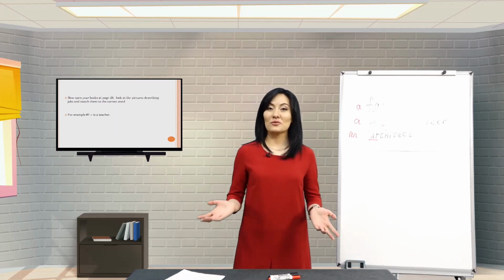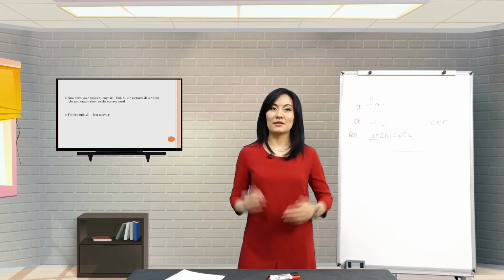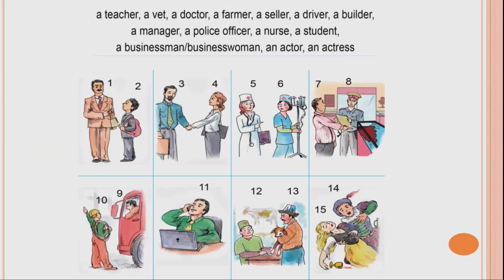Now open your books, page 29, look at the pictures describing jobs and match them to the correct word. For example, number 1 is a teacher. Okay, look at the pictures. Try to find the word. Let's check it together.